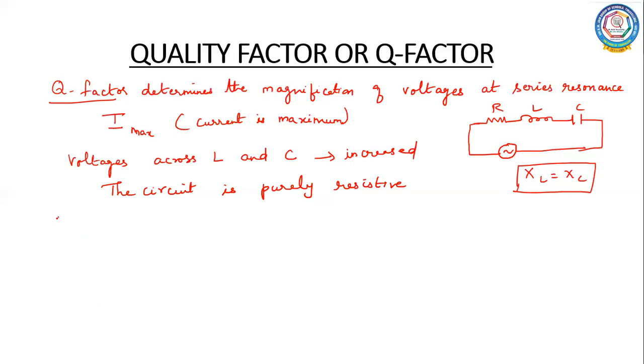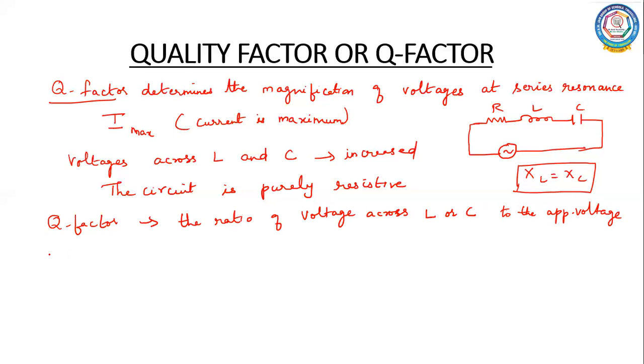Q factor is defined as the ratio of voltage across L or C. Either I can take the voltage across the inductor or the capacitor. So the ratio of voltage across L or C to the applied voltage.